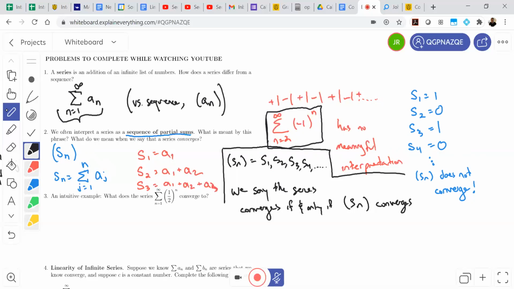So series are really challenging to interpret, in part because a lot of the time we struggle to understand whether or not they actually converge. So we can very easily fall into this trap where we have something that looks meaningful, that looks real. It sort of formally looks like a series. It has this structure, and yet it has no meaningful interpretation because it doesn't actually converge to anything.